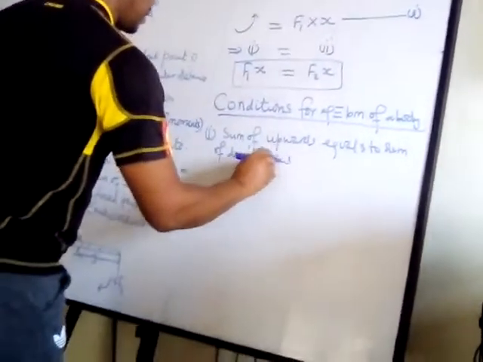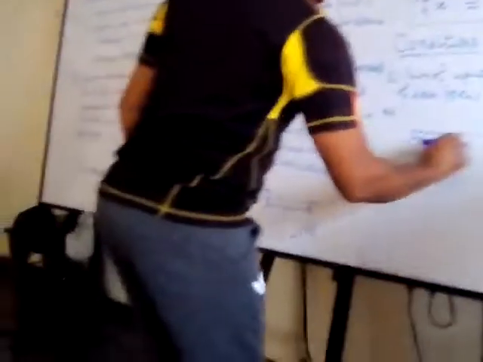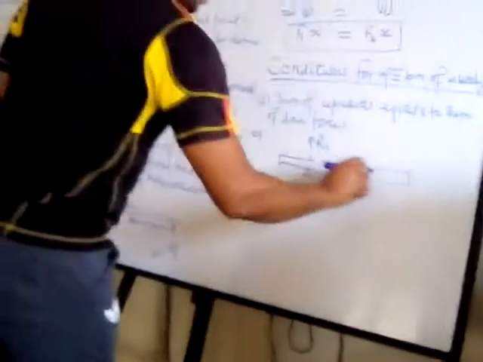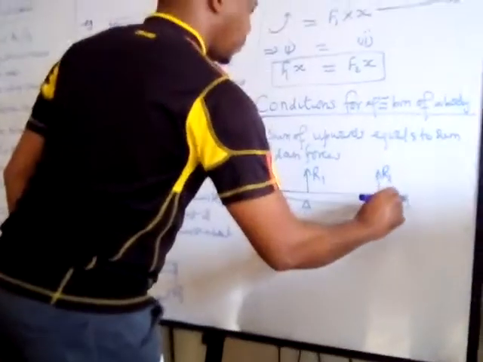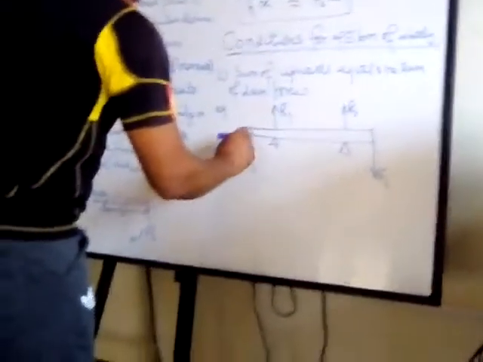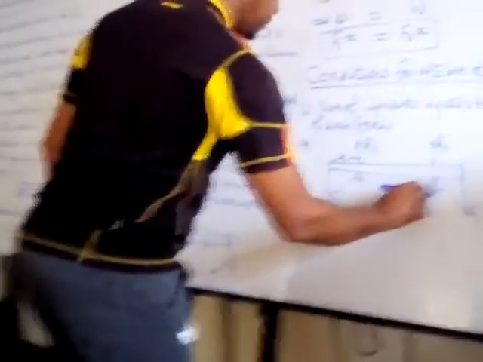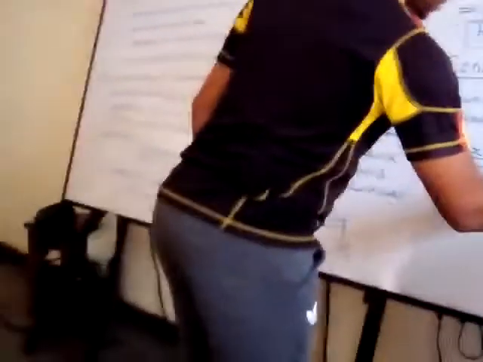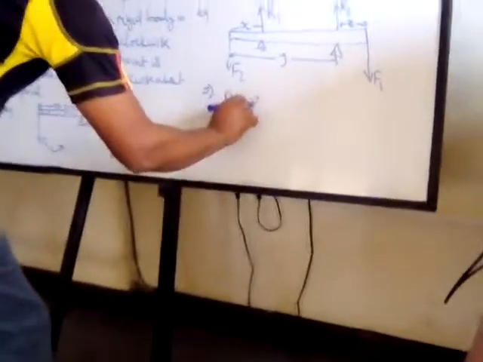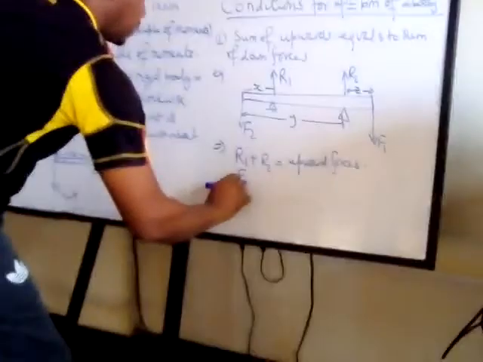For purposes of understanding, I will illustrate. If I have a body with forces acting on it, and I also have reactions, say R1 and R2, and other forces F1 and F2, with distances that can be X, Y and Z, then for this condition, R1 plus R2 are upward forces, and F1 plus F2 are downward forces.